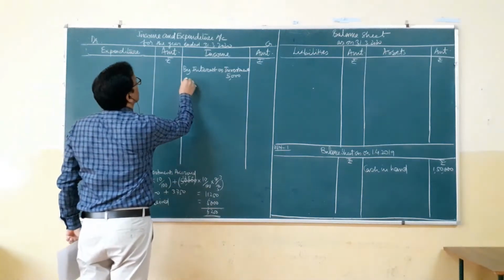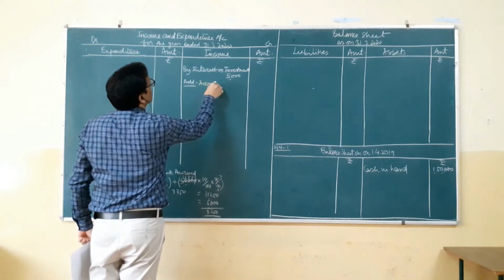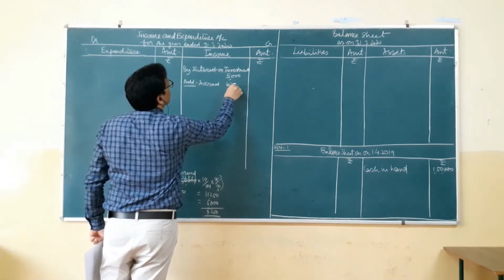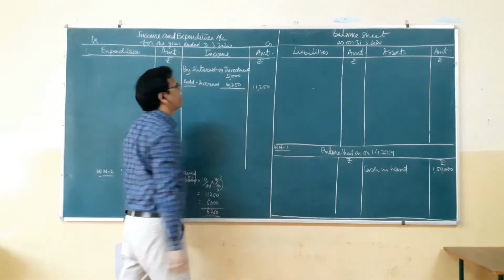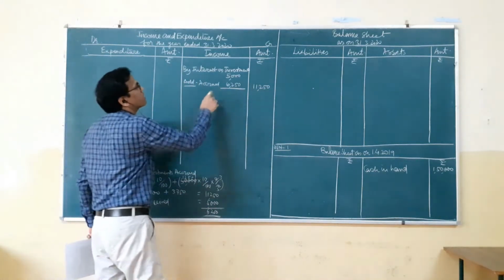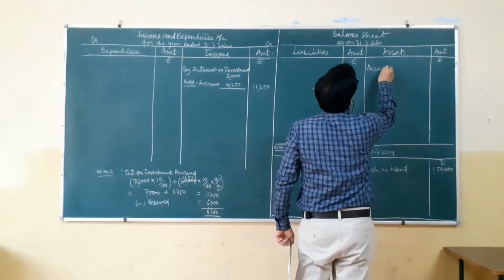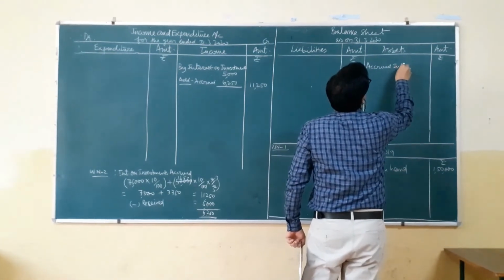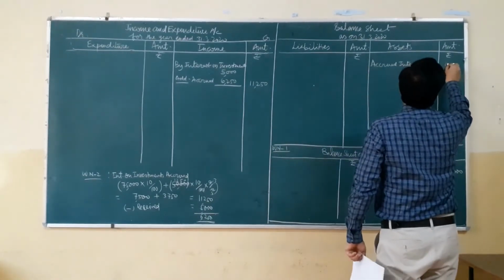So we add here accrued interest 6,250 to make 11,250. This accrued interest is our asset, so we will put it on the asset side. Accrued interest, how much? 6,250.